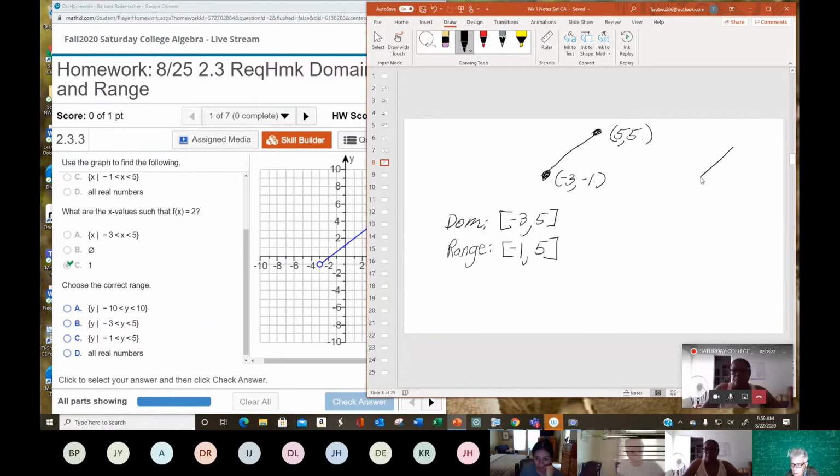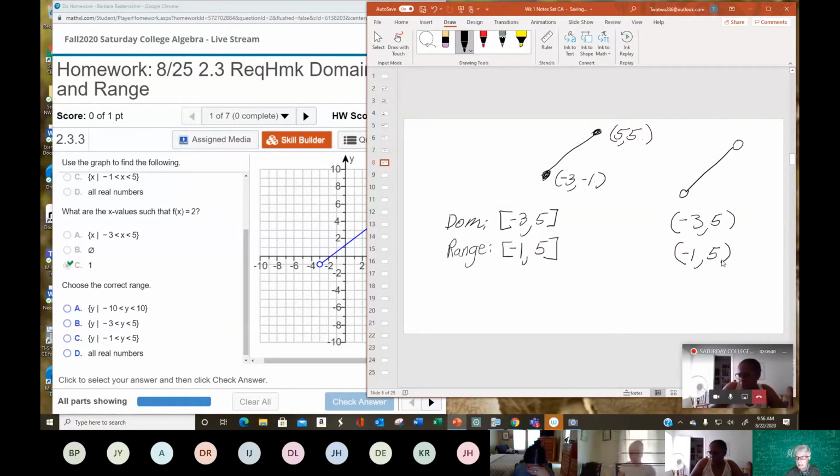Now, when you have open holes like this, the domain is going to be parenthesis -3, 5 parenthesis, and the range is going to be -1, 5, like that.